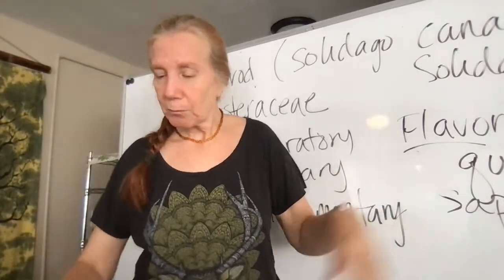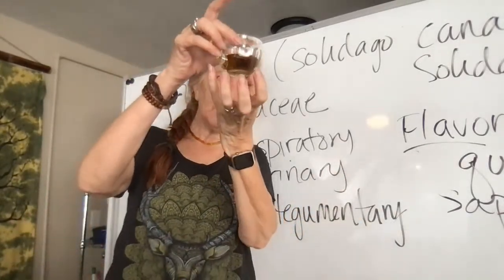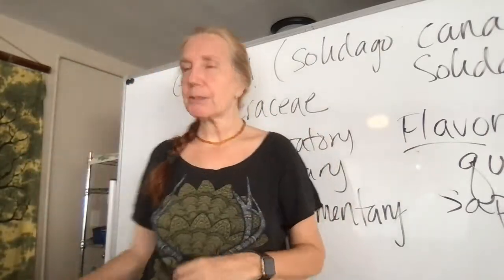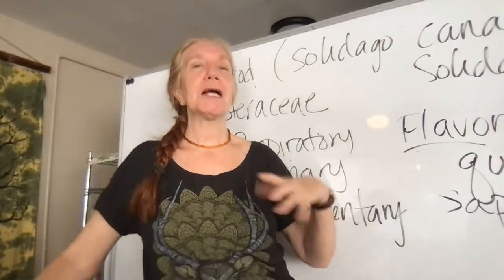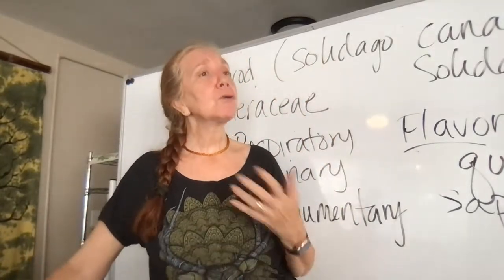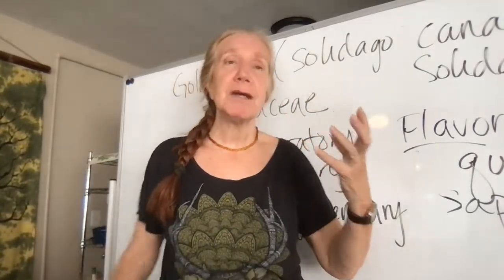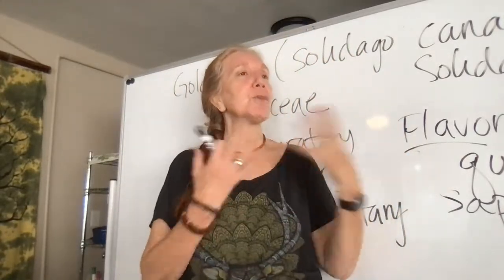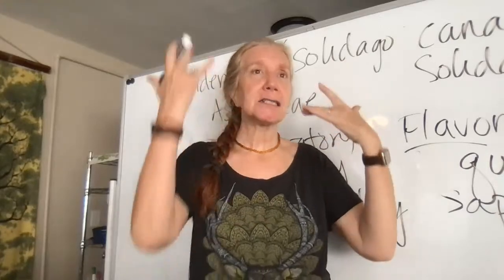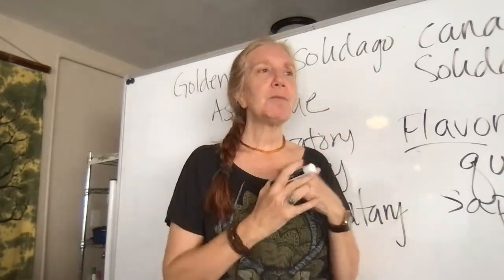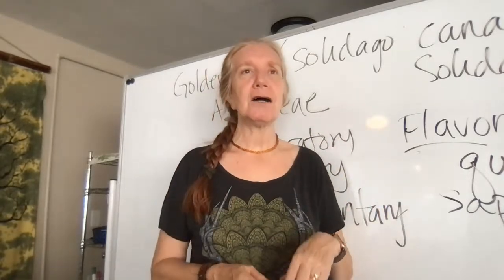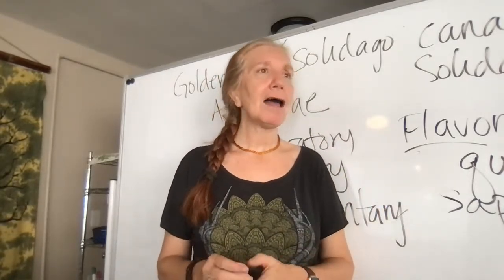So that quercetin that we see, that deep golden color of quercetin, we see that in the flowers also. Goldenrod is one of the plants that has a very high amount of quercetin, and quercetin is a flavonoid that is really beneficial for stabilization of immune cells that tend to produce histamines, what are called mast cells. So mast cells in the body are the ones that are responsible for freaking out in the presence of certain types of allergens.